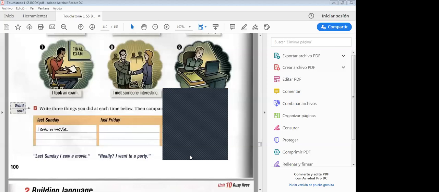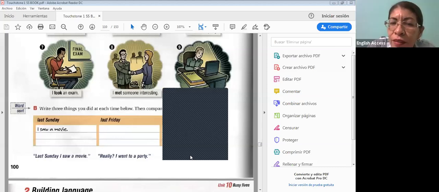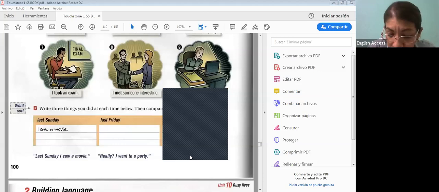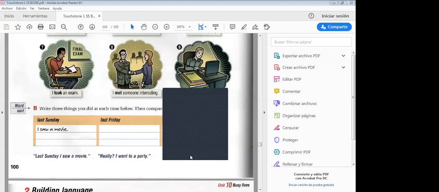I saw 3 movies. 5. I read a couple of books. I read a couple of books. 6. I went to a party. I went to a party. 7. I took an exam. I took an exam. 8. I met someone interesting. I met someone interesting. 9. I did a lot of work. I did a lot of work. I wrote 3 reports. I wrote 3 reports.